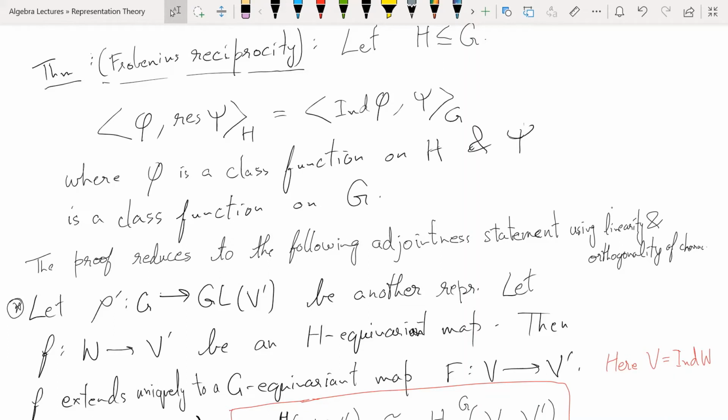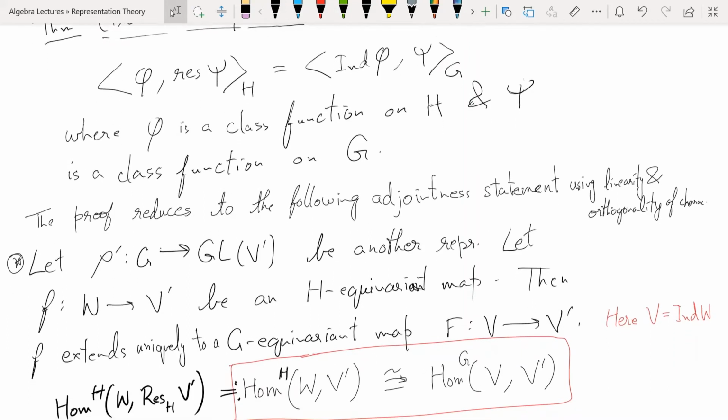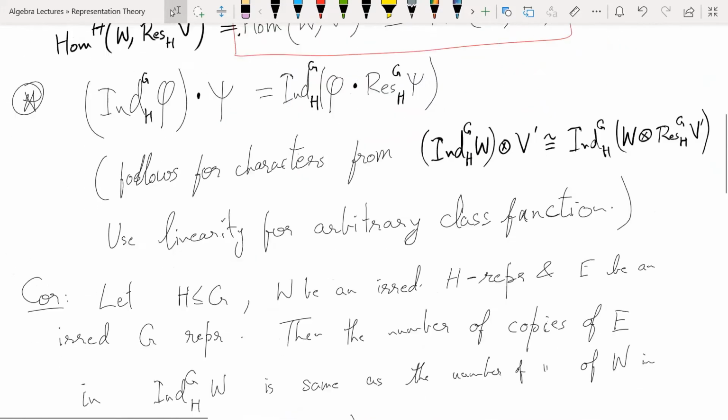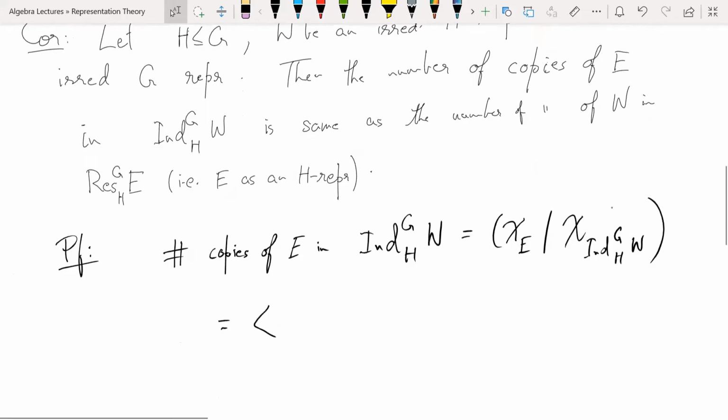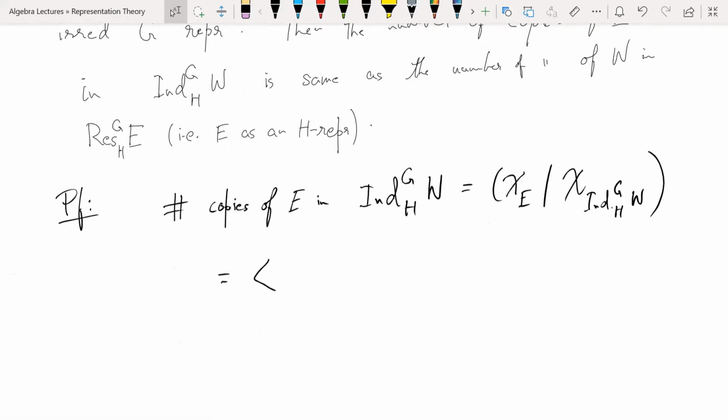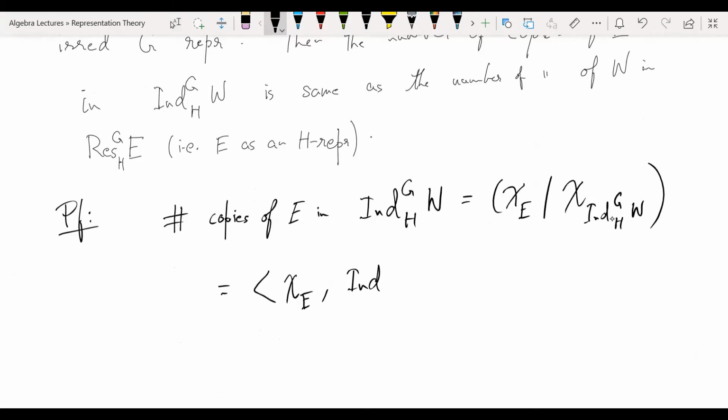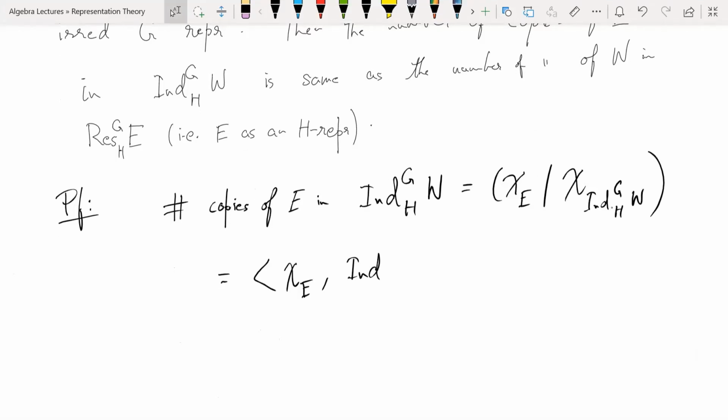In general, this formula is conjugate linear, so one has to be careful, but for characters these two are the same, so it doesn't matter. So chi E paired with chi of the induced representation, and the character of the induced representation is the induced class function.